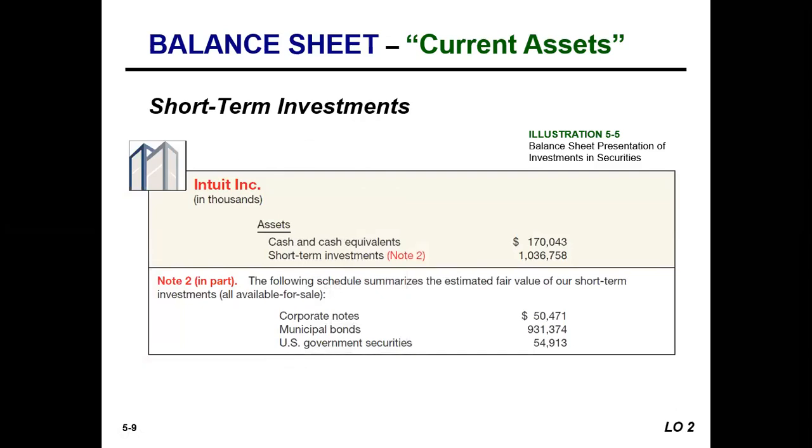So this shows us an example. Under assets, we'd have cash and cash equivalents. And then under short-term investments, we might put a disclosure there for a note. Those short-term investments are all available for sale, and so corporate notes, municipal bonds, or U.S. government securities.